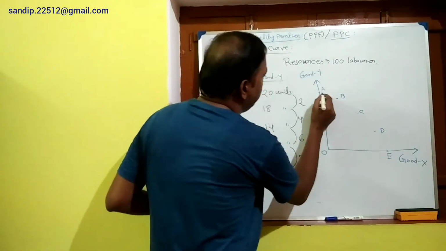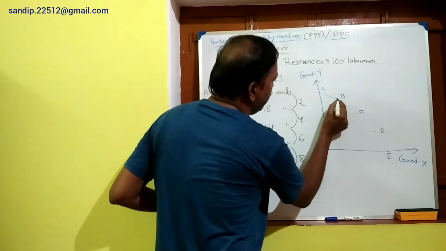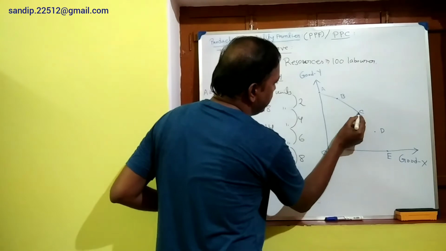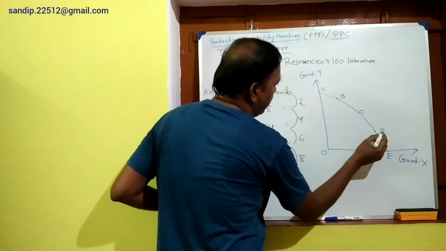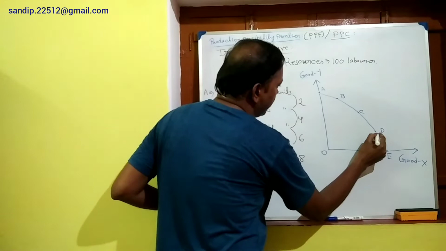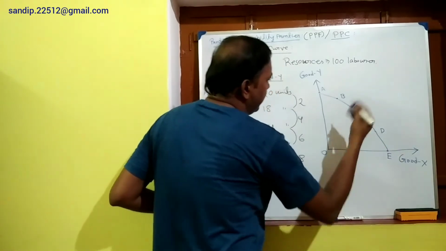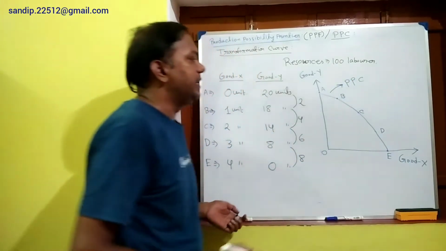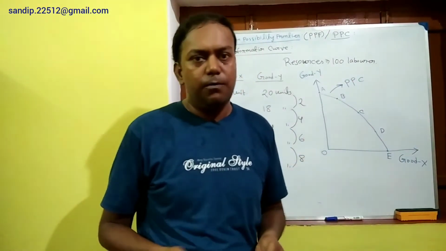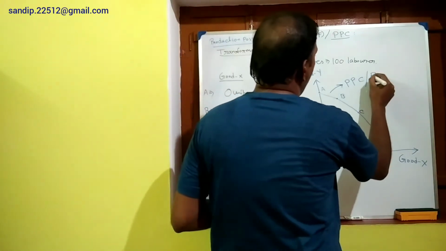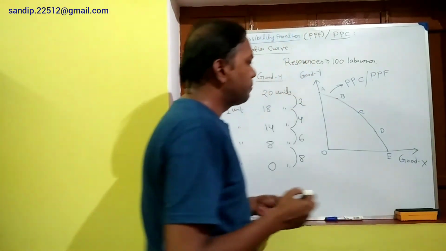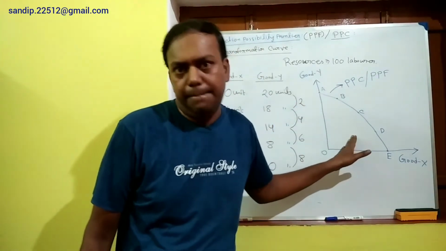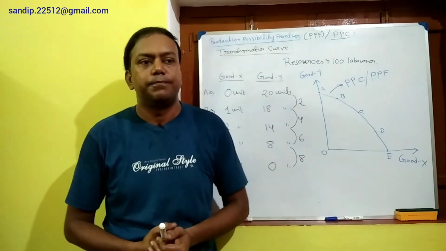Now students, if you join these combination points, then you get one curve, and this curve is called PPC or production possibility curve, or PPF, production possibility frontier. Okay. Now you see, what does this curve imply?